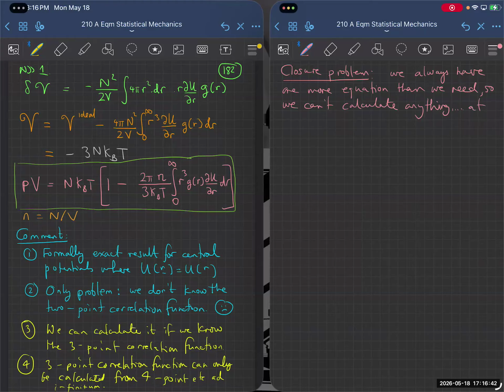At least exactly. And so that means that we have to do approximations.